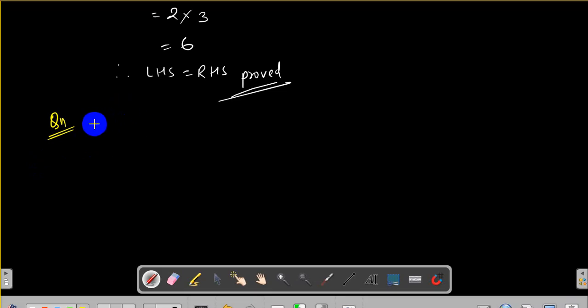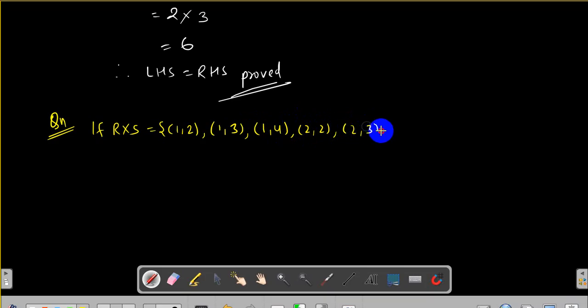The question is, if R cross S equals (1, 2), (1, 3), (1, 4), okay, copy this, (2, 2), (2, 3), (2, 4).